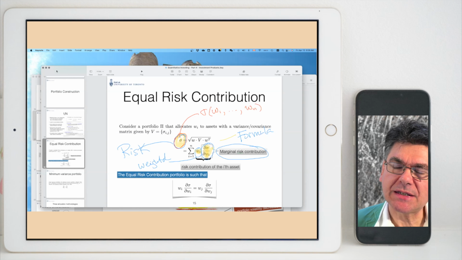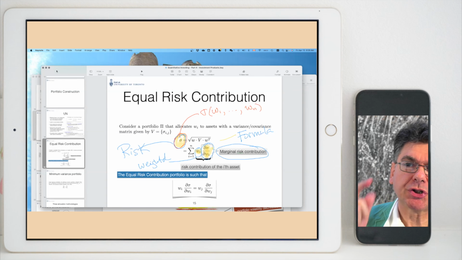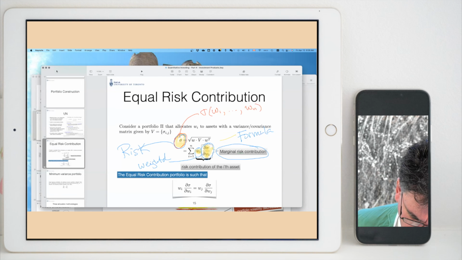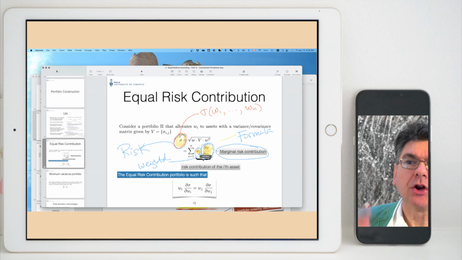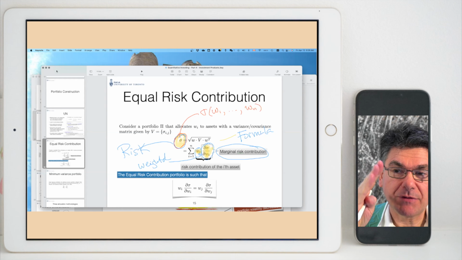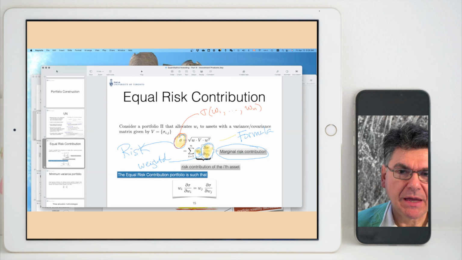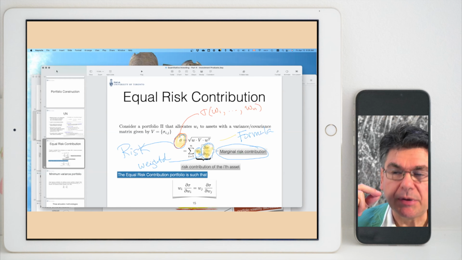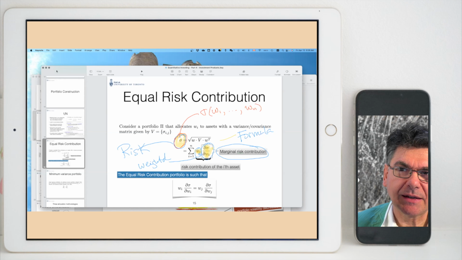In other words, these numbers are considered to be the contribution of investment I to my whole investment portfolio. My portfolio has a certain amount of risk, and this risk comes from each of the investments that I make. This formula expresses the linear relationship between the risk of my portfolio and the risk contribution of each of the assets, each of the investments that I'm going to make.